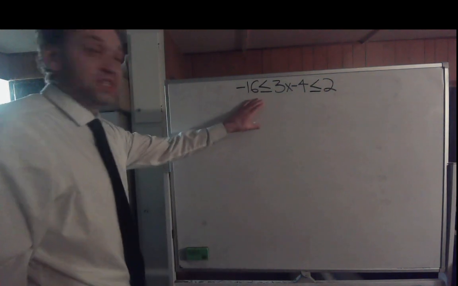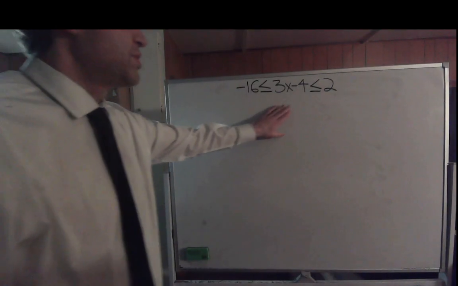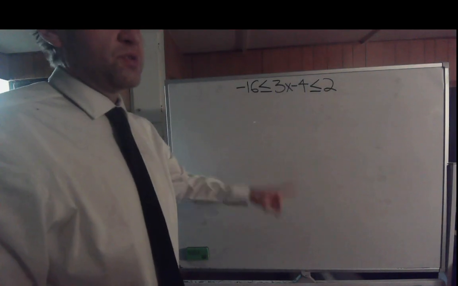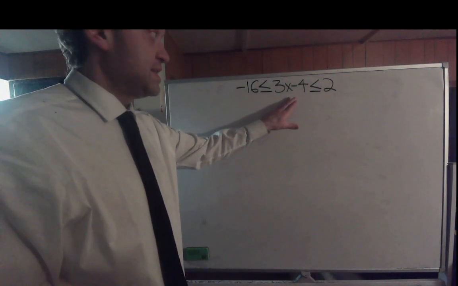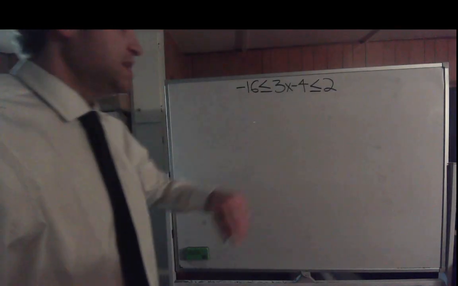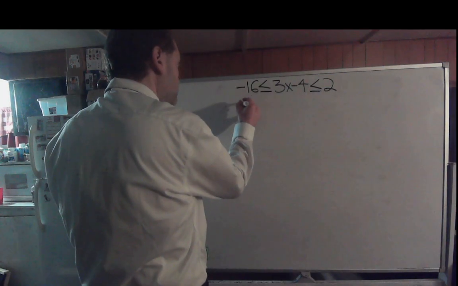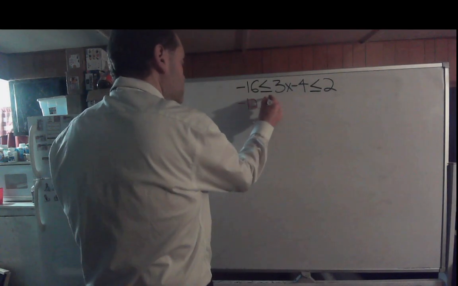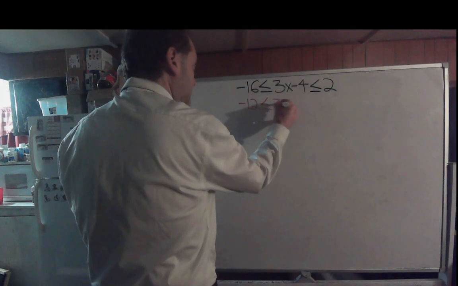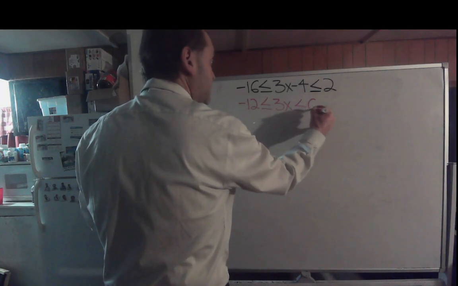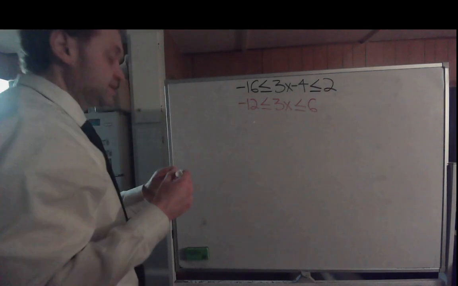You have negative 16 is less than or equal to 3x minus 4, which is less than or equal to 2. So start by getting that 3x by itself, so add 4 to all three sides. If I add 4 to negative 16, I'll get negative 12, which would be less than or equal to 3x, which would be less than or equal to 6. Because if I add 4 to 2, I'll get 6.